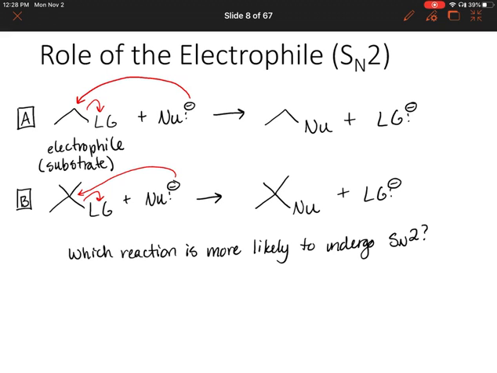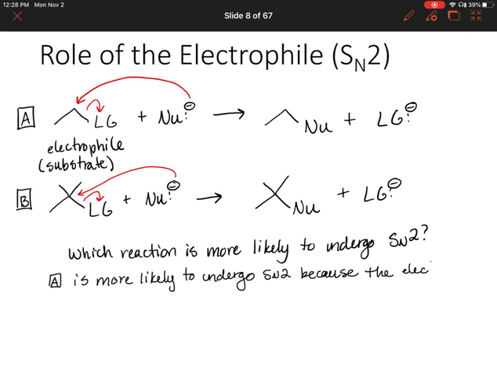So in this case, A is more likely to undergo SN2 because the electrophile is less bulky.